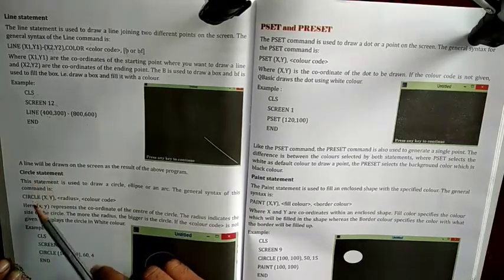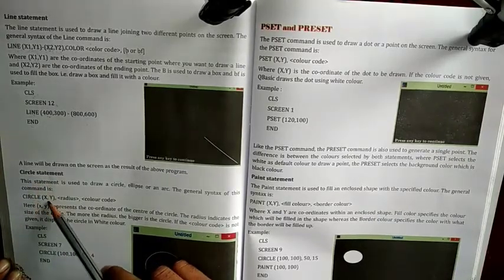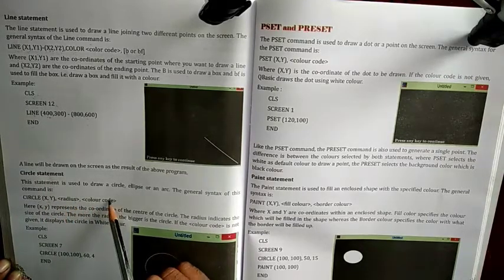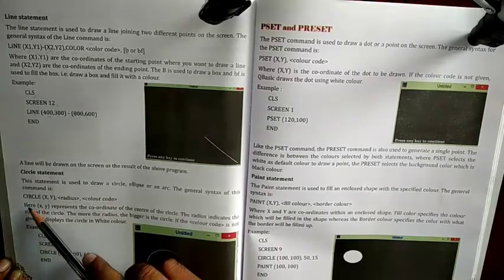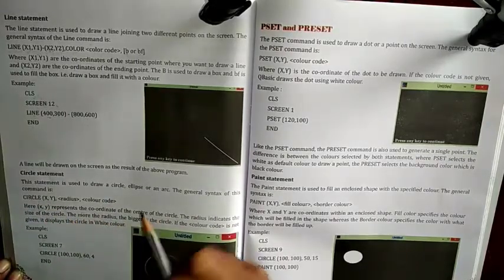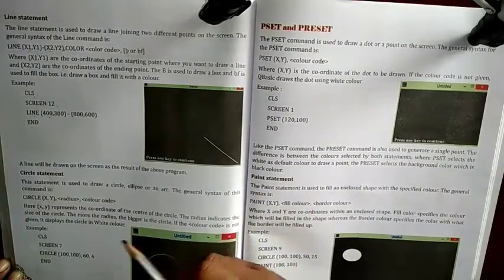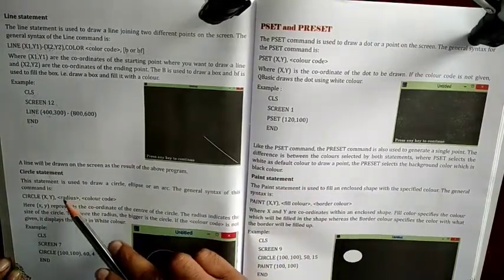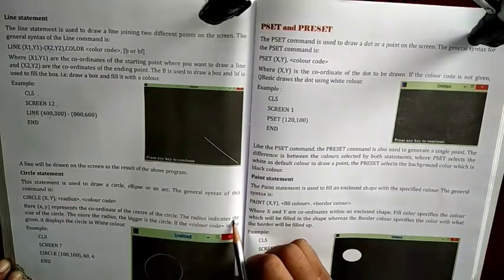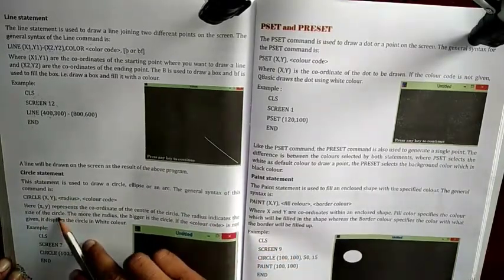This is CIRCLE, and there is only one coordinate, and then we write the radius and the color code. Here xy represents the coordinate of the center of the circle, and then we write the radius.